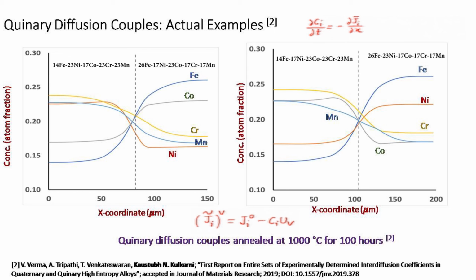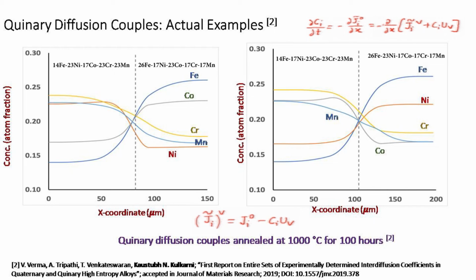Now, whenever I write this continuity equation, you have to remember the flux here is in the stationary frame of reference. The continuity equation applies for the stationary frame of reference. So, if I have to solve this equation, I have to substitute in terms of the volume fixed frame of reference as J I tilde v plus C I times u v.